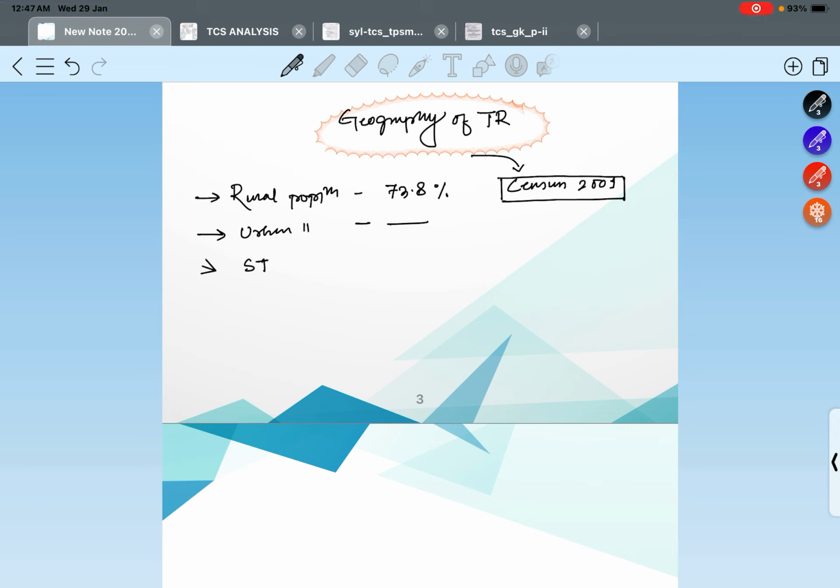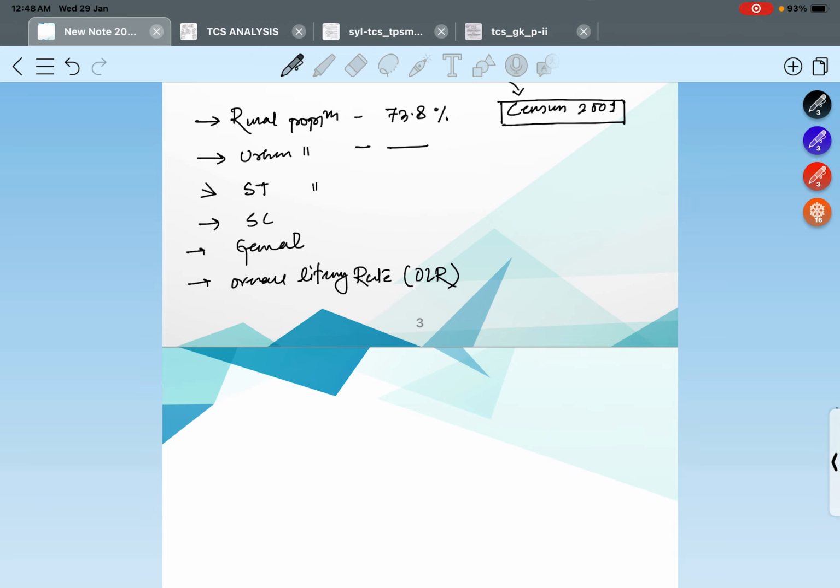ST population, SC population, general population, overall literacy rate, male literacy rate, female literacy rate, then literacy rate of SCs, STs.